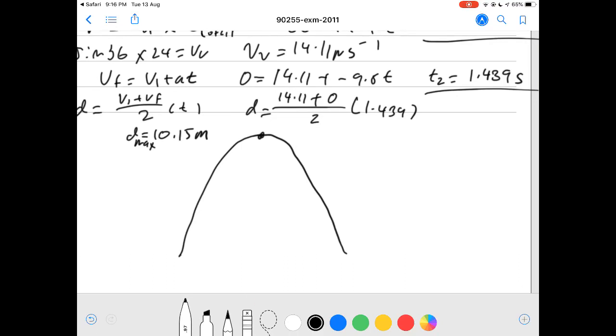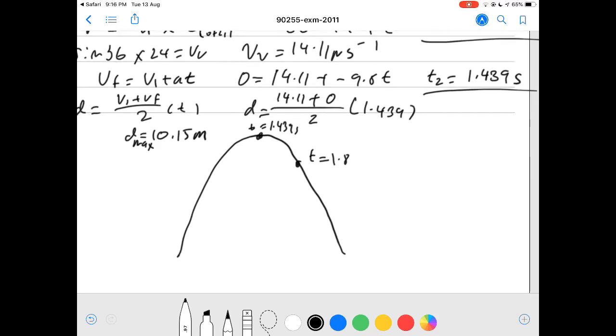So this is T equals 1.439 seconds, and somewhere here T equals 1.804 seconds. We need to find what this height is. We know the max height is 10.15 meters, and we need to find out how much it drops between these two times.